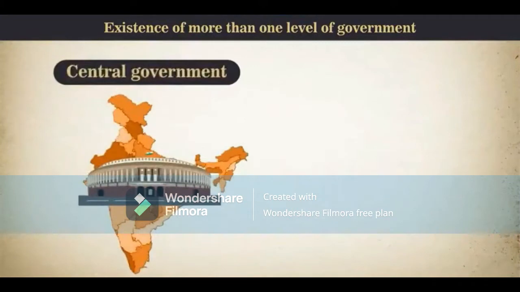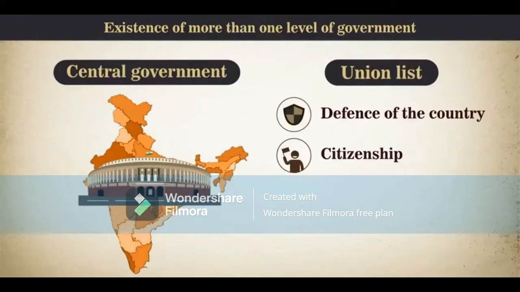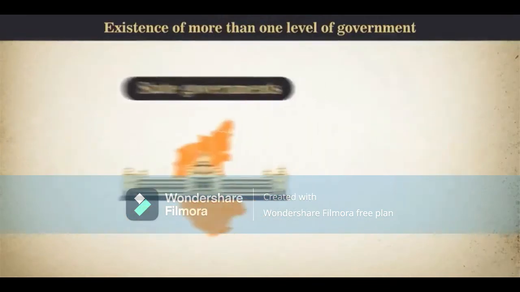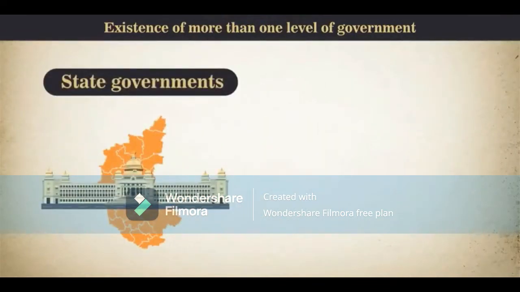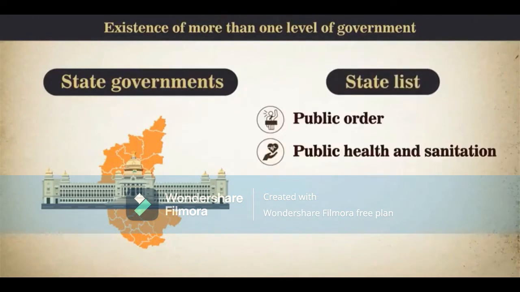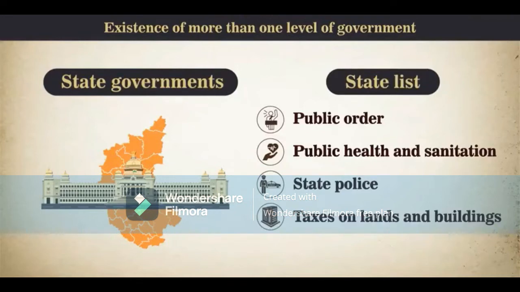The central government makes laws on the matters in the Union list such as defense of the country, citizenship, war and peace, and railways. The state government makes laws on the matters in the state list such as public order, public health and sanitation, state police, taxes on lands and buildings, and markets and fairs.